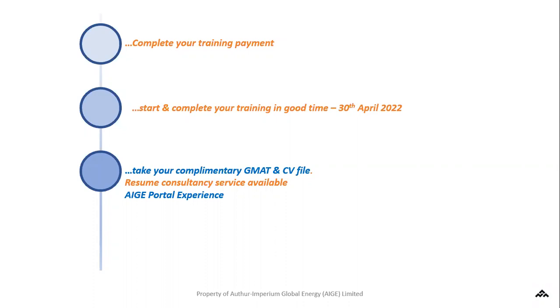GMAT is the Graduate Management Aptitude Test, which is your major file where your aptitude test will be coming from after your youth service when you go looking for a job. So we give you that file for free, where you can now be practicing to get yourself conversant with the questions that you'll be asked when you go for an aptitude test.